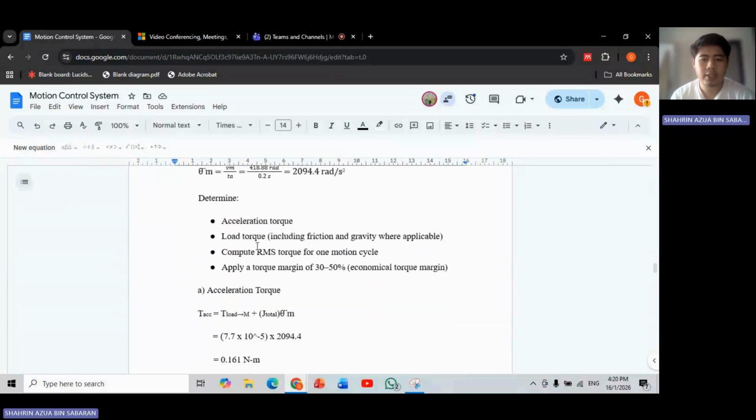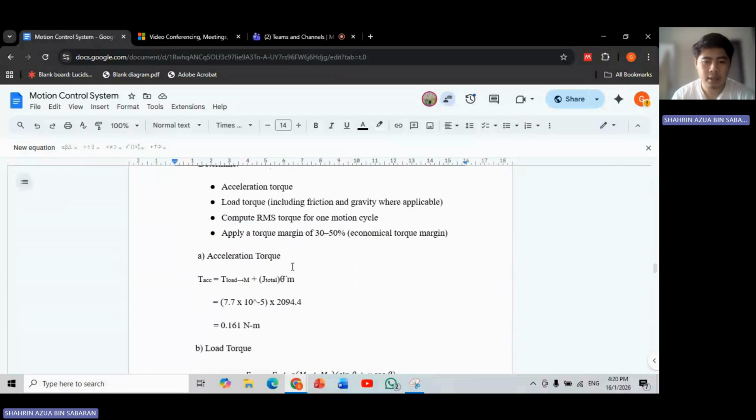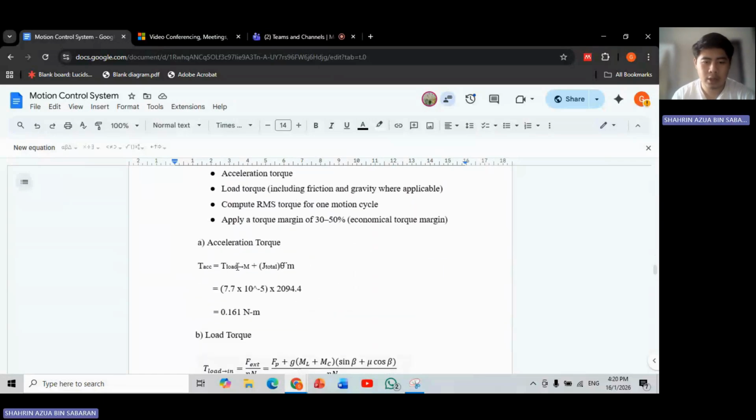Now we have to determine the acceleration torque and load torque, compute the RMS torque, and apply a torque margin. For acceleration torque, the formula is load torque plus inertia total over angular acceleration. The load torque is 0 since there is no friction, gravity, or external load.